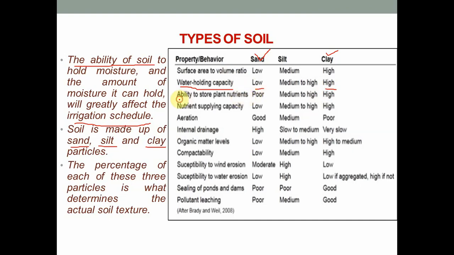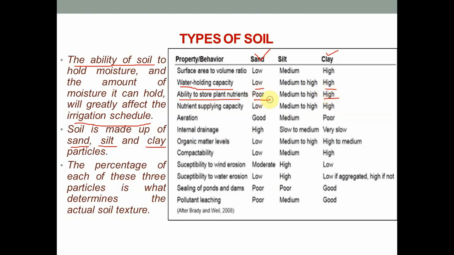Okay, next is ability to store plant nutrients. This is also a good property. If the soil is able to store more plant nutrients, we call it a good soil for agriculture. Now the ability to store plant nutrients is high in clay.